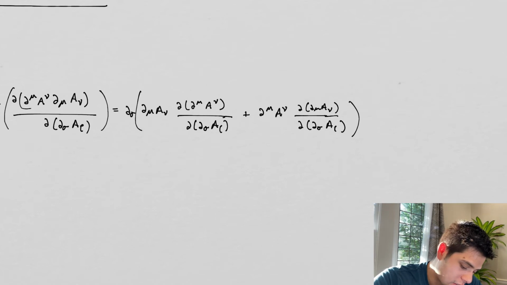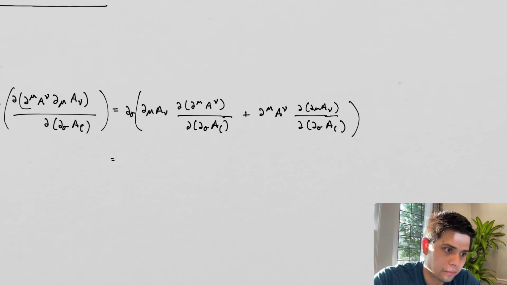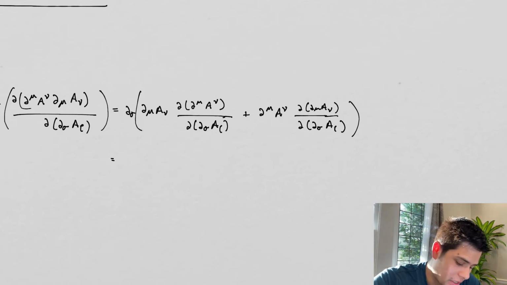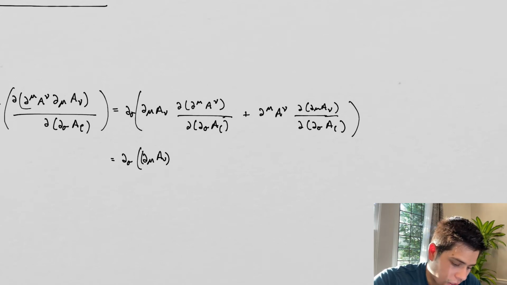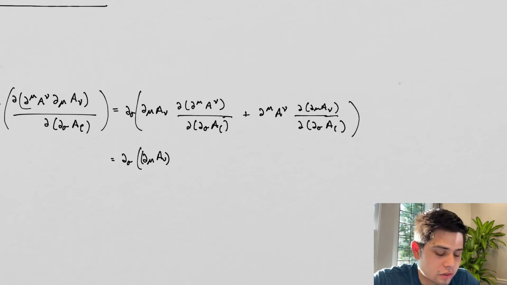So next, we're really just going to break this up now. We're going to say that this is d sigma d mu A nu. And what I'm going to do here is I want to change the index, right?